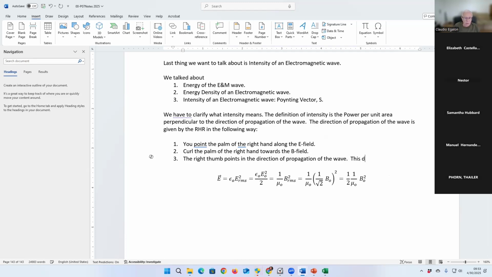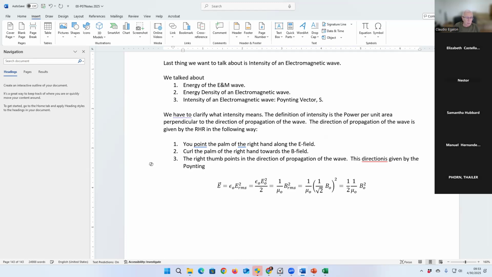This direction is given by the Poynting vector. Its magnitude represents the intensity of the wave, like that.